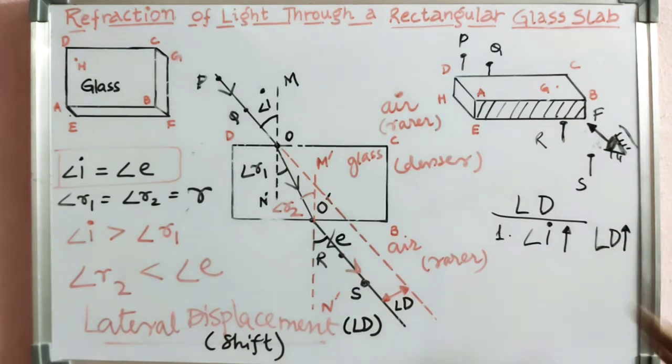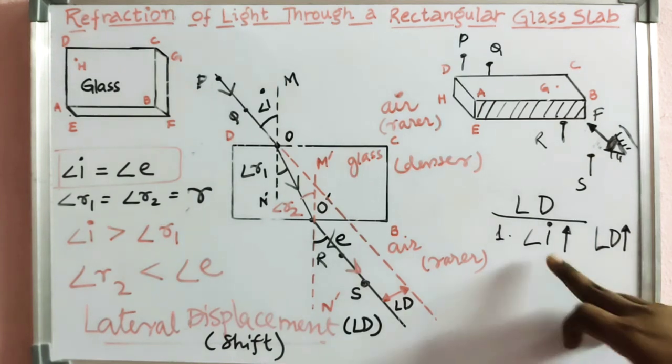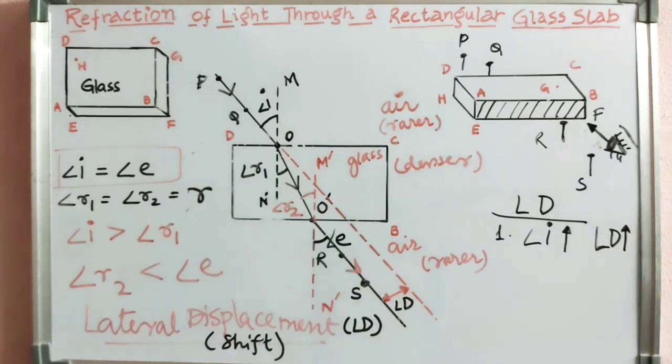The exact relation between angle of incidence and lateral displacement is not important. What is important is to know that lateral displacement depends upon the angle of incidence. If the angle of incidence decreases, lateral displacement decreases.